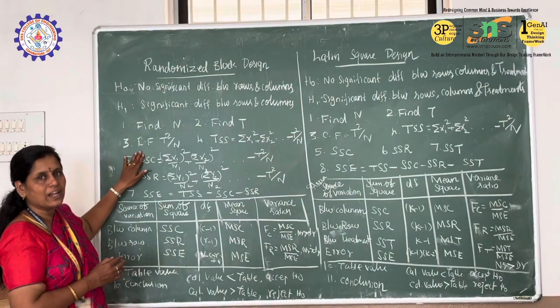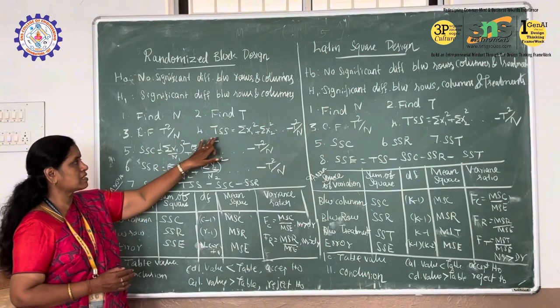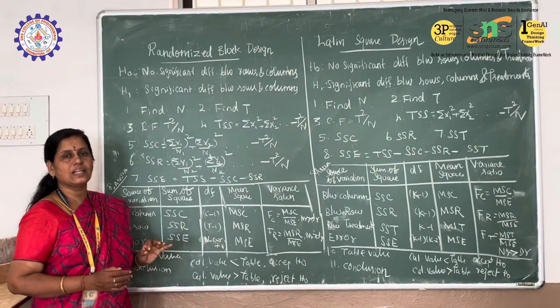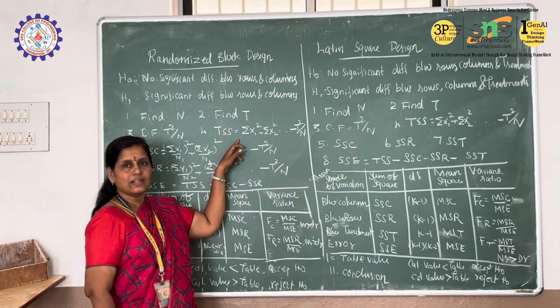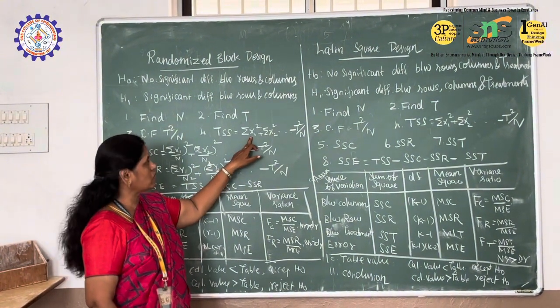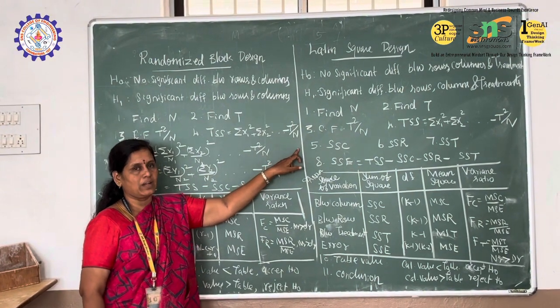Next we find the correction factor value, that is T square by n, and next calculate TSS. TSS is the total sum of squares, calculated by the formula summation x1 square plus summation x2 square etc. minus T square by n.